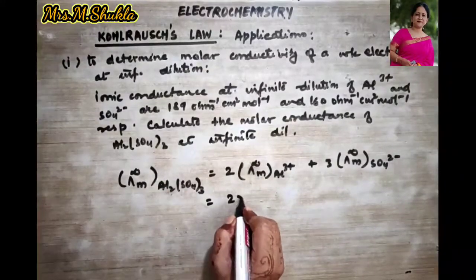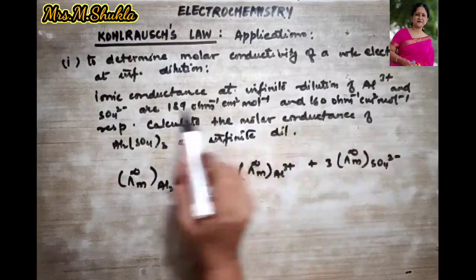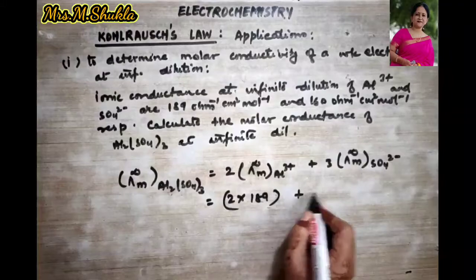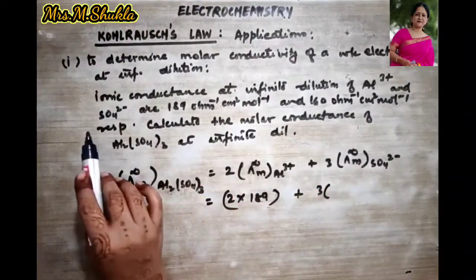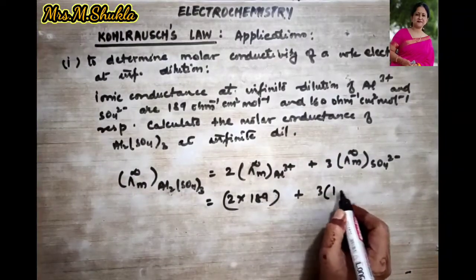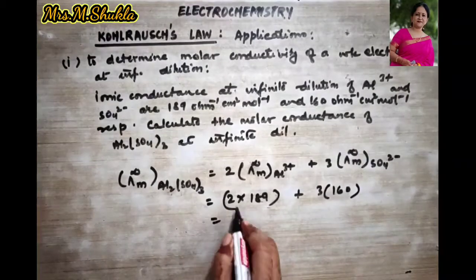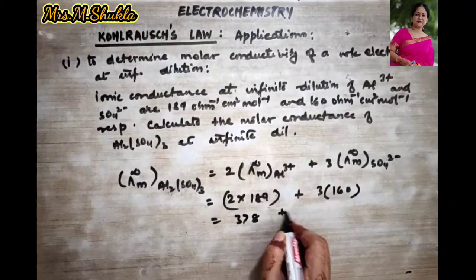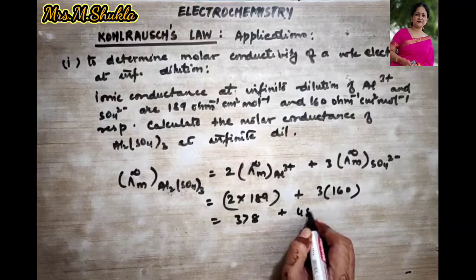This is equal to 2 into what is given for aluminium ion? 189. So 2 into 189 plus 3 into how much for sulfate? Sulfate is 160, so 3 into 160. So 2 into 189 is 378 plus 3 into 160 is 480.